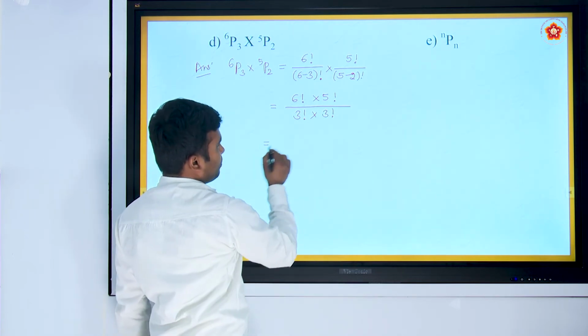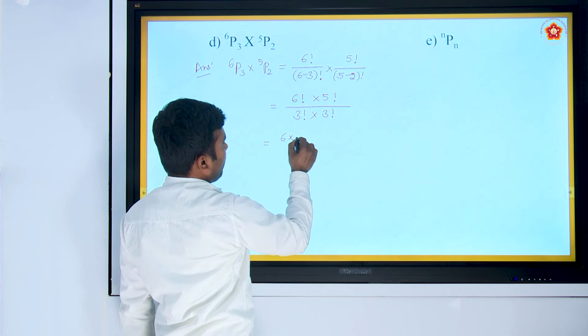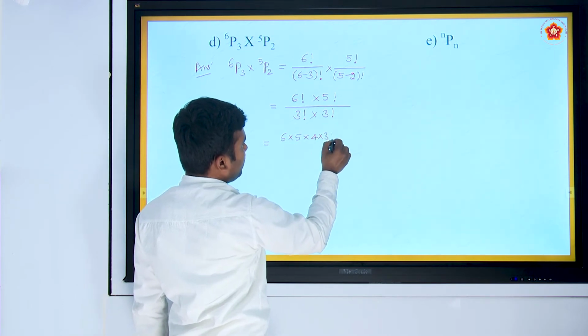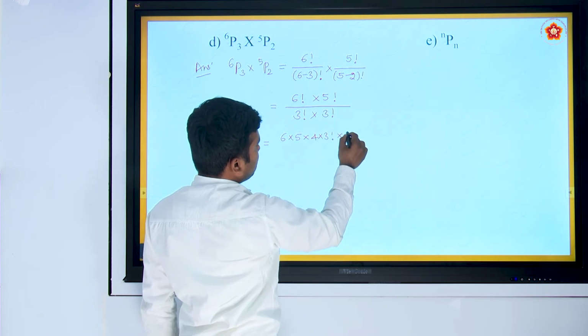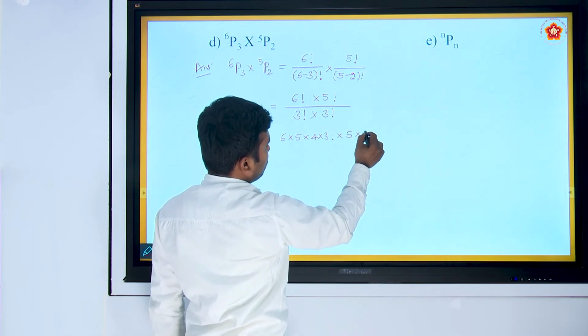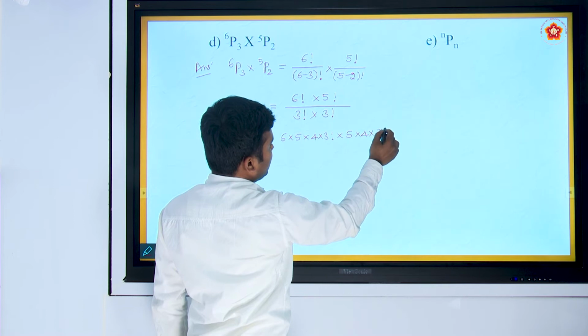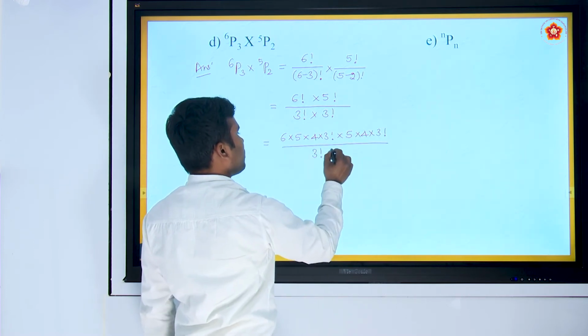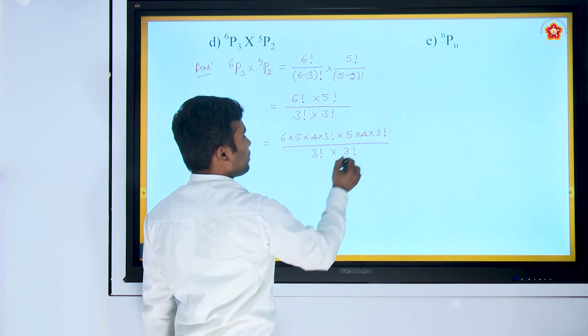This is equal to 6 into 5 into 4 into 3 factorial, and 5 factorial can be written as 5 into 4 into 3 factorial, divided by 3 factorial into 3 factorial.